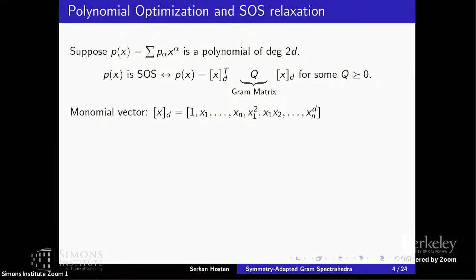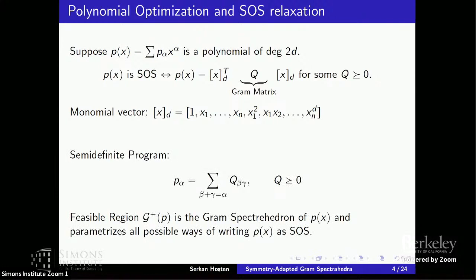Of course, you realize that if I give you a polynomial of degree 2d and ask you whether it is a sum of squares, you can decide that by checking the feasibility of a semidefinite program. The coefficients of your polynomial are written as linear functions of the entries in the Q matrix.